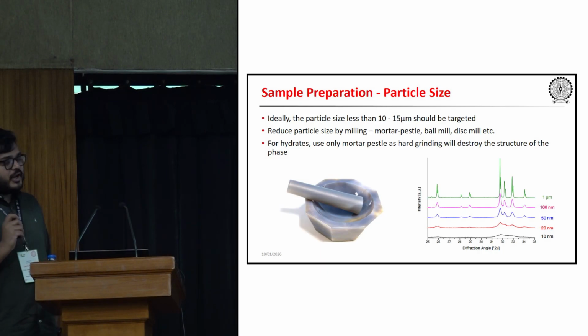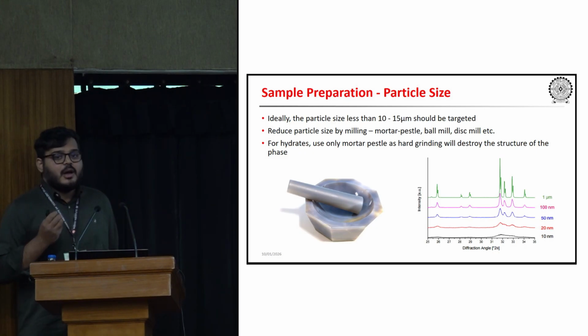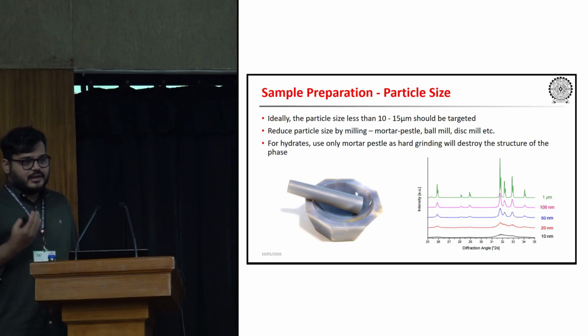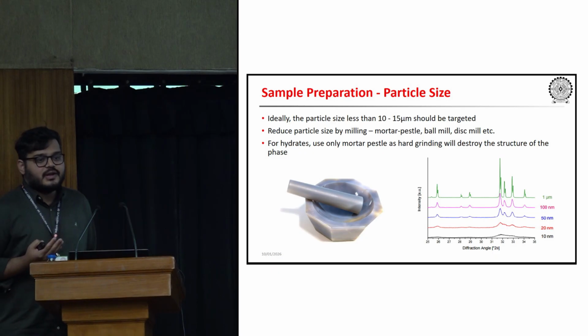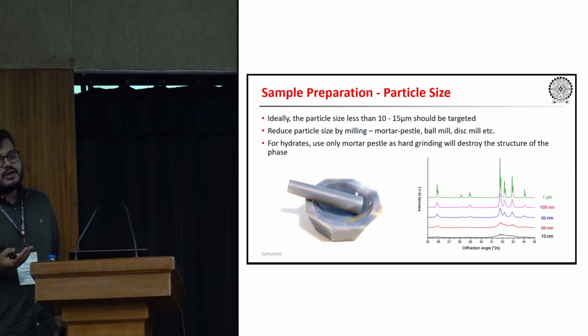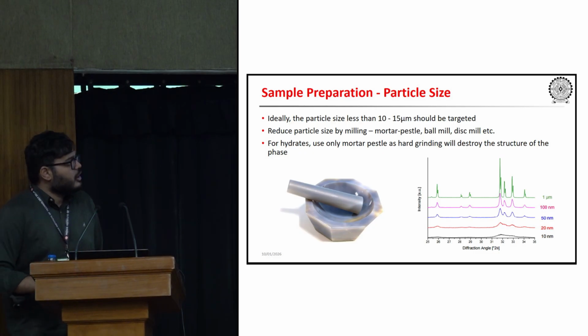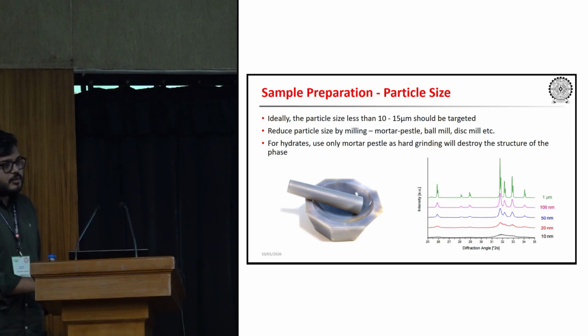But it's very important in the case of hydrated cement samples. If you are trying to understand the pattern of the hydration products, it's better to use a mortar and pestle, because if you're using a ball mill or disc mill, the grinding might be too intensive and you might destroy the structure of the hydration products. So for hydration products, it's always recommended to use only a mortar and pestle to prepare the powder.